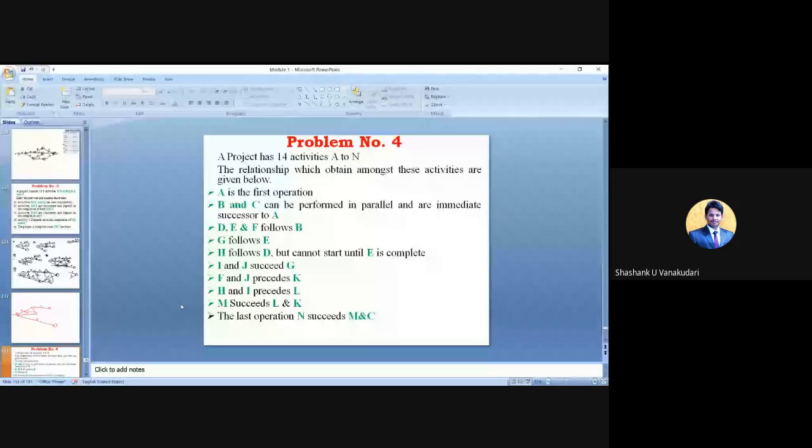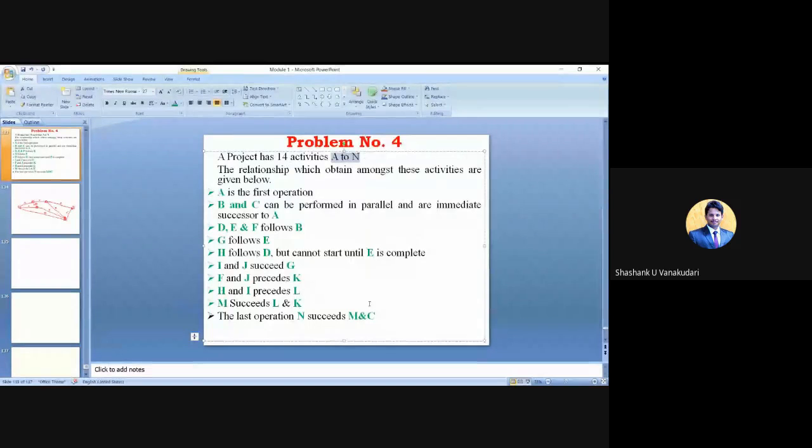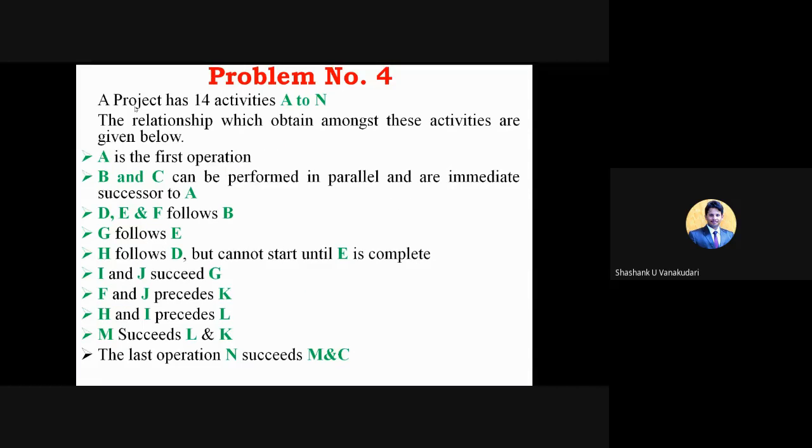This project has 14 activities, A to N. This slide is visible now, right? Yes, sir. The relationships among these activities are given below, and the conditions are in this way.